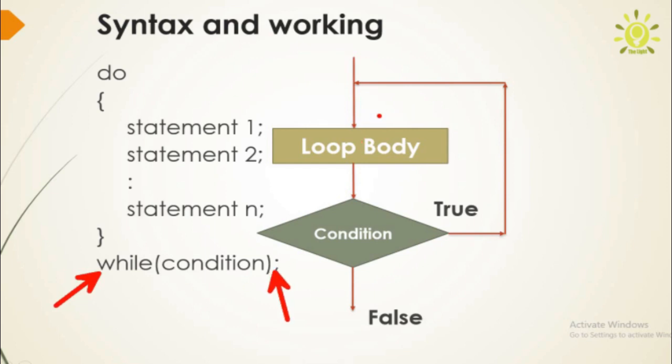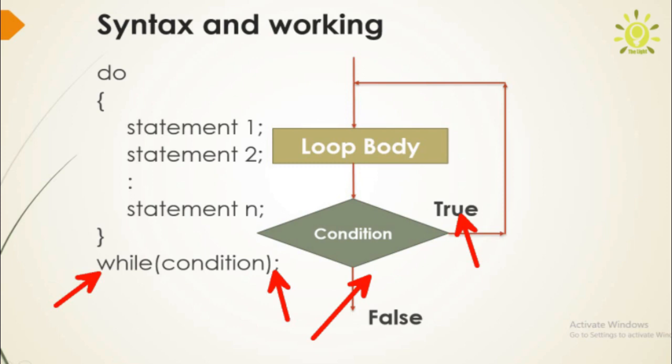So guys, first of all control moves into the loop body, and then after executing all the statements of the body of the loop, the condition will be evaluated. If the condition becomes true, control moves to the top of the body. If it is false, then control exits from the loop body.